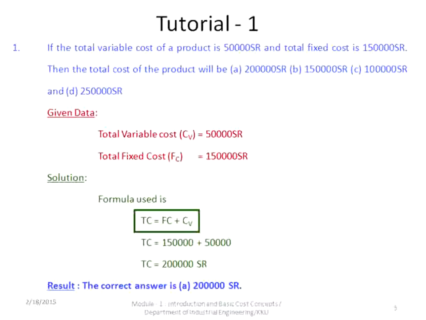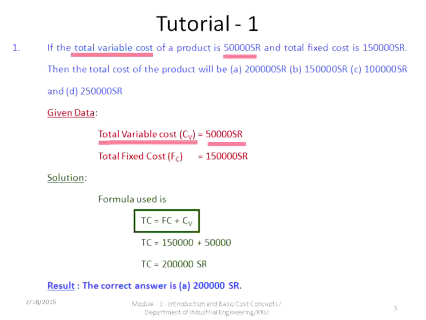I'll just change the color for showing you. See, the total variable cost is given. That is capital CV, and the capital CV is 50,000 Saudi Riyal, and the fixed cost, FC, is given as 150,000 Saudi Riyal. So we have to find out the total cost of the product.